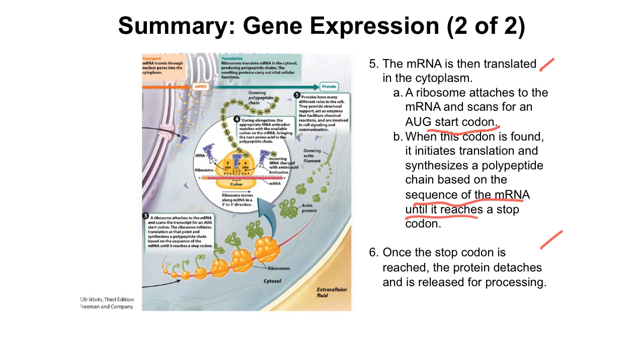Once it gets processed, the protein can move to its designated location and perform its important function. So that is the overall summary of gene expression, and I hope that this serves as a strong foundation for your understanding of the principles of the central dogma, which is described here in both chapters 3 and 4. Thank you.